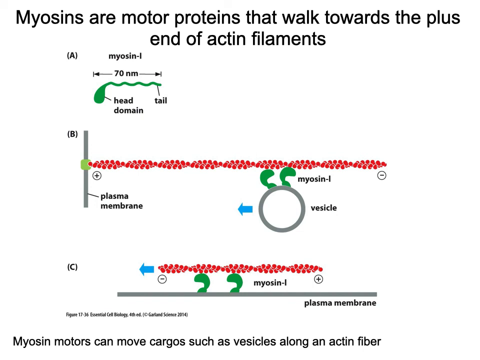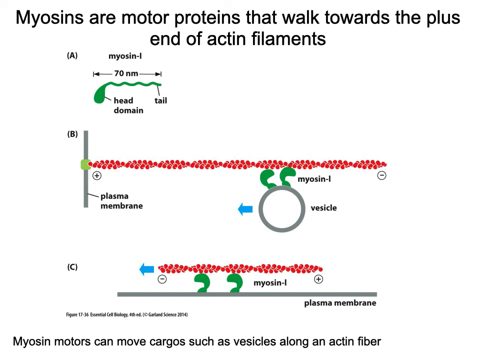So for actin, the most common motor protein is going to be myosin. So myosin, similar to dynein and kinesin, is going to walk towards the positive end. So it's like kinesin, where it's going to walk vesicles towards that positive end.